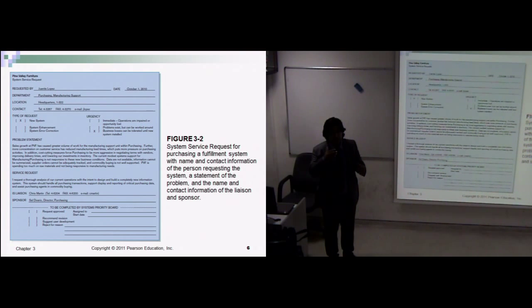It is better for you to familiarize yourself with the case study of Pine Valley Furniture as early as possible, right? The earlier you start understanding the concepts, the earlier you become able to apply the concepts you learn. Okay.